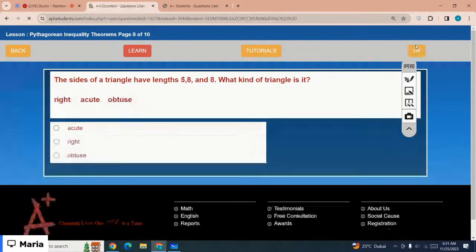The sides of a triangle have the lengths 5, 8, and 8. What kind of triangle is it? Which is the correct option?